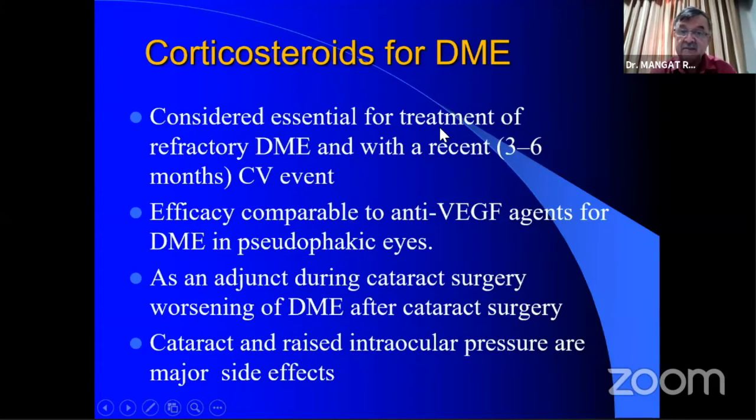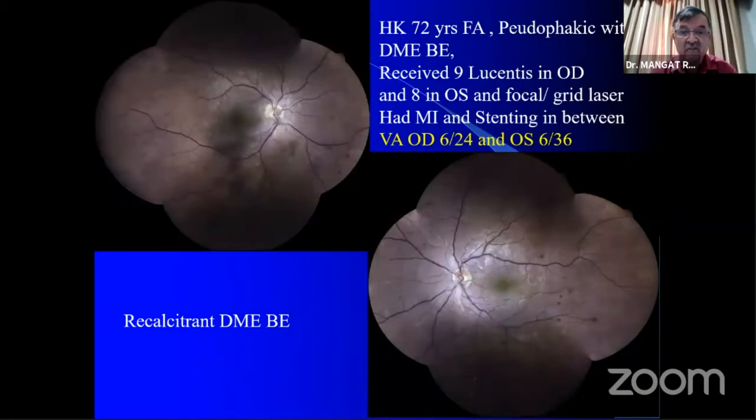It can be considered for treatment of refractory DME, especially if a recent cardiovascular event has happened. Efficacy is comparable to anti-VEGFs for DME in pseudophakic eyes. Everybody has shown this. And as an adjunct in cataract surgery, of course, it is an important one. Cataract and intraocular pressure rise can occur in these cases.